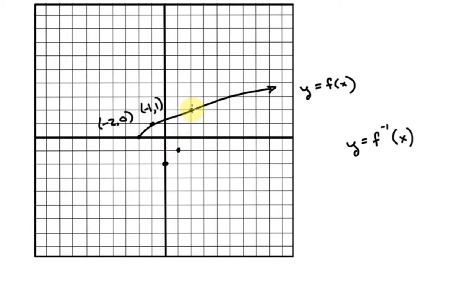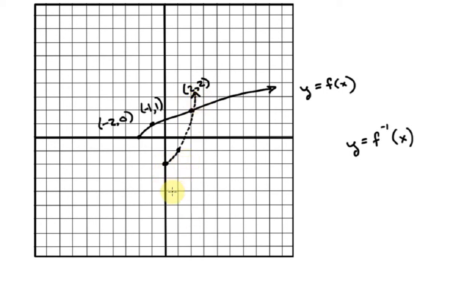This guy here looks like it's 2, 2. And hey, that's kind of funny. When I spin it around, I still get 2, 2. So that point is both on the original function and on the inverse. So I'm going to use a dotted line here, so it's more clear. There is my inverse graph.